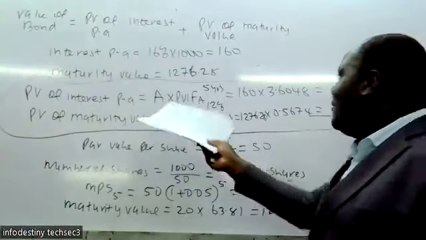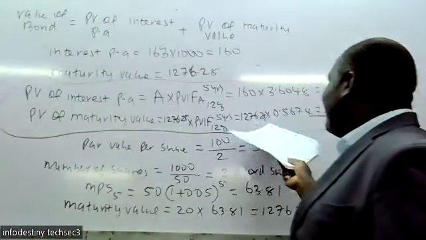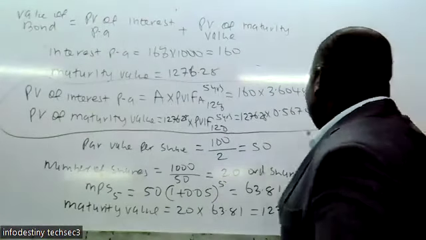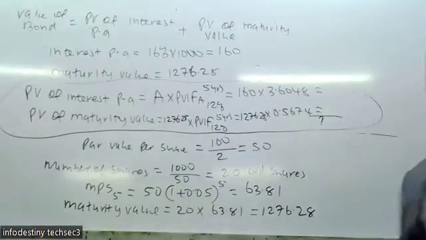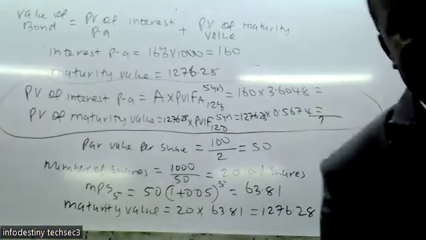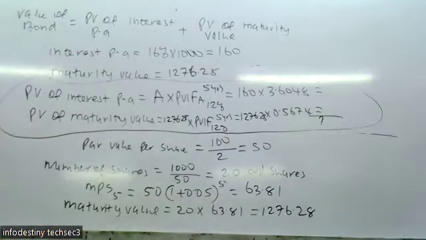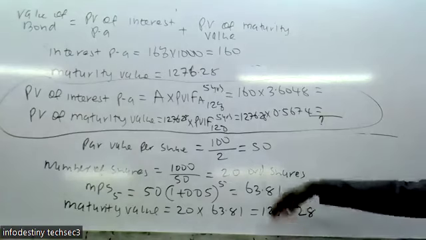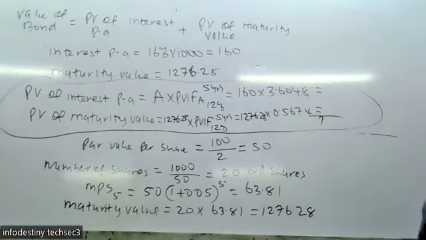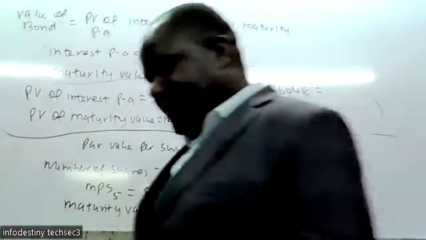So maturity value, you multiply and then you get the value, because everything was remaining the same. The only thing that is changing is what? Maturity value, because now we use the convertible value. So after this working, I only want you to repeat this part, because interest is not changing.